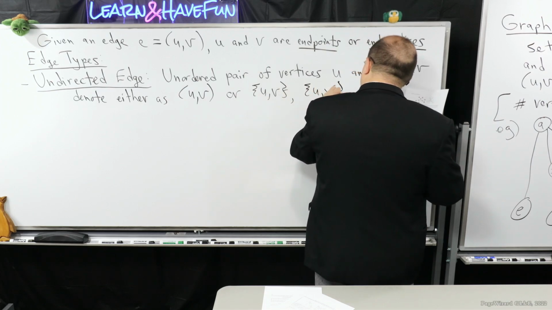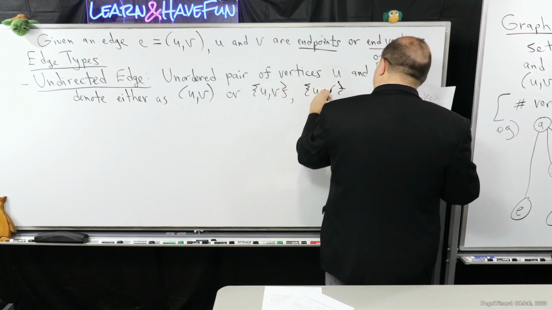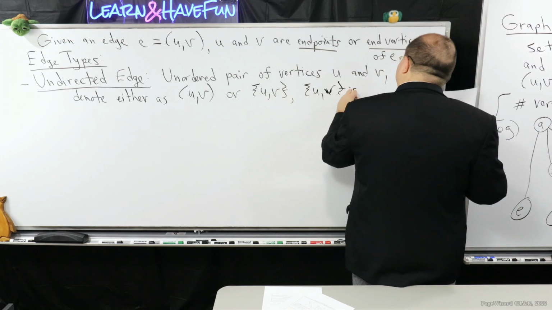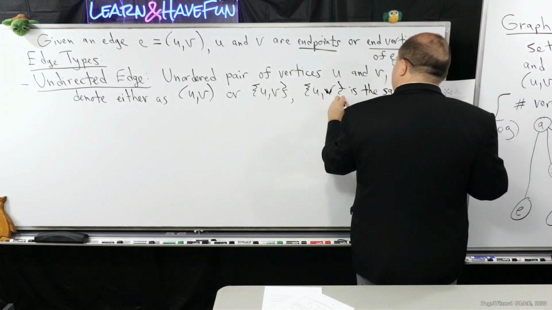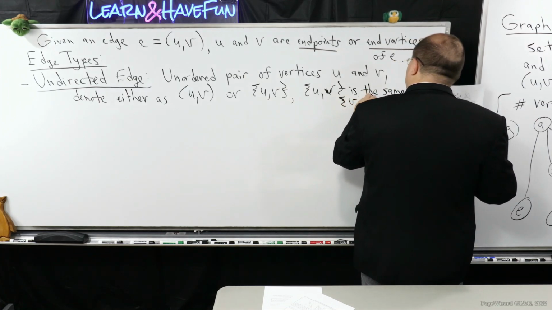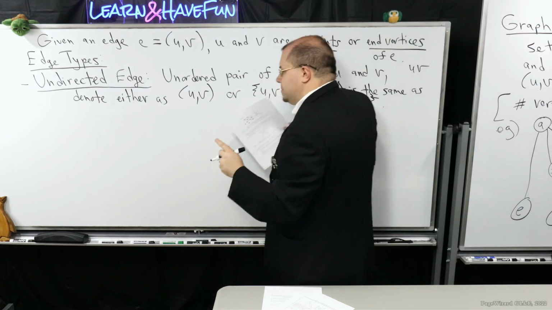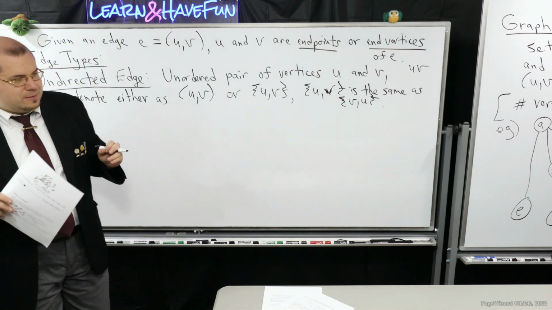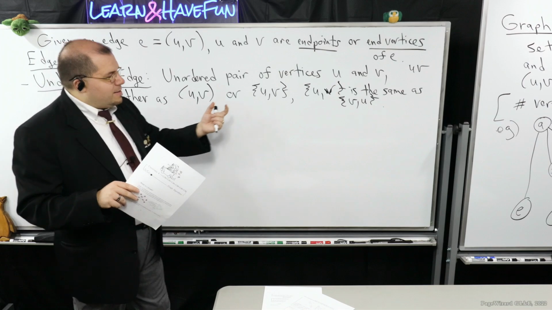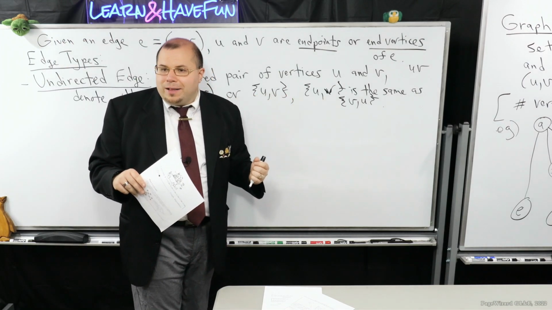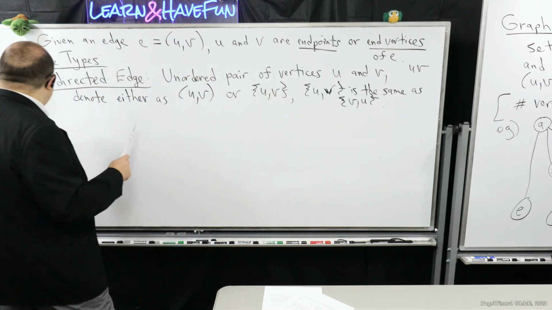UV is the same as VU. There's no difference between those two. They're the exact same edge. The fact it's undirected means that it doesn't matter what order you tell me the endpoints of the edge. It doesn't make any difference.